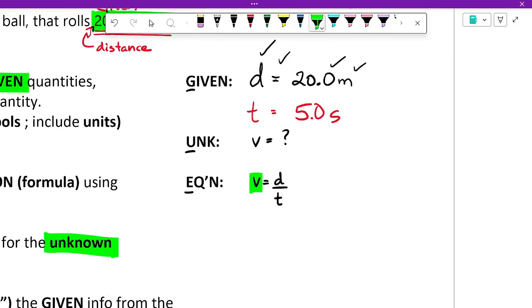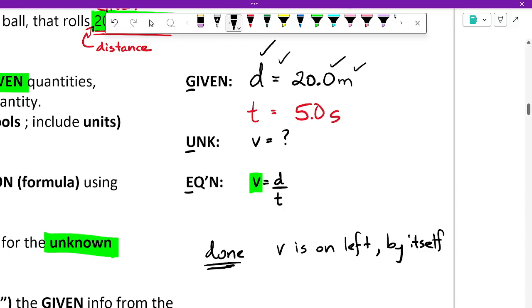Yes, so we don't need to do anything. This is done. So this was solve. Okay, so we don't really need to do solve this time.